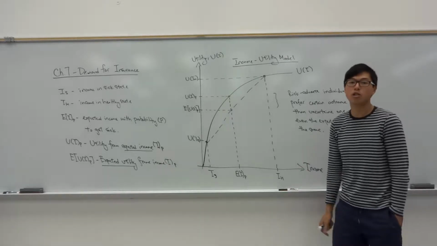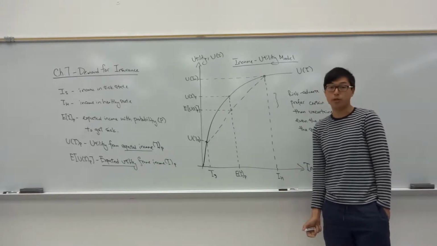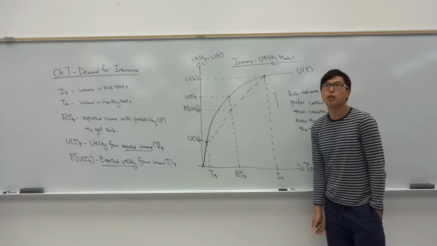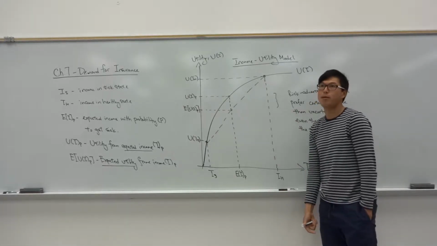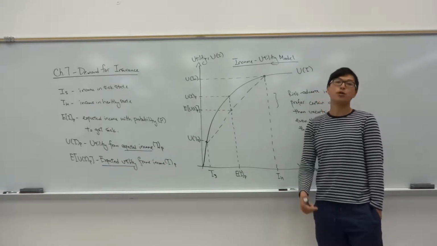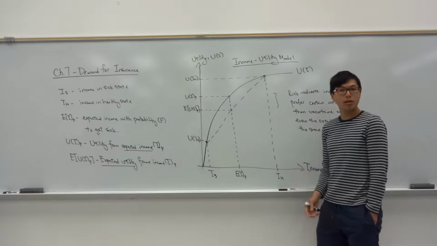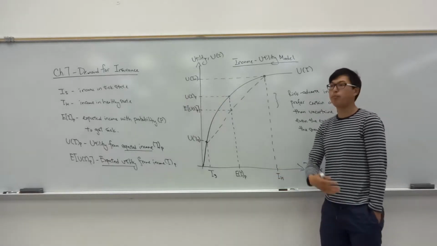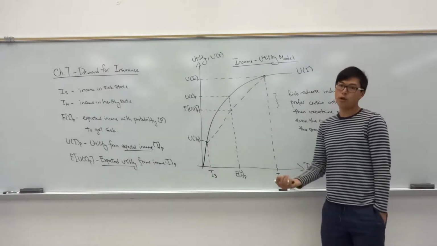Which is pretty logical, right? When you're sick, you have less time to work, so you can only earn a lower level of income, and also you have to pay medical bills or medical expenses, so your income level will definitely go down. Versus when you're healthy, you're not paying these expenses, you're putting in full time at work so that you can earn a high level of income.